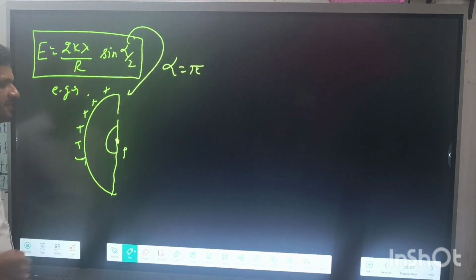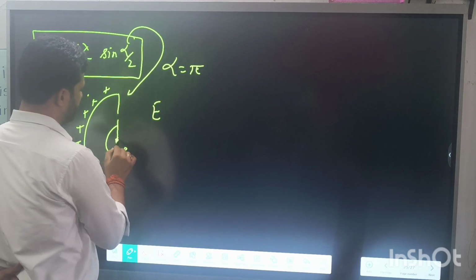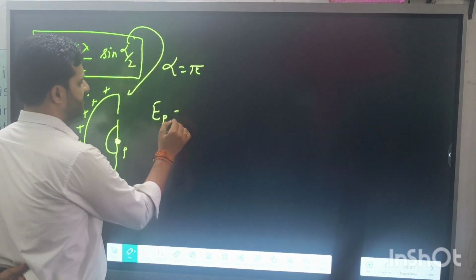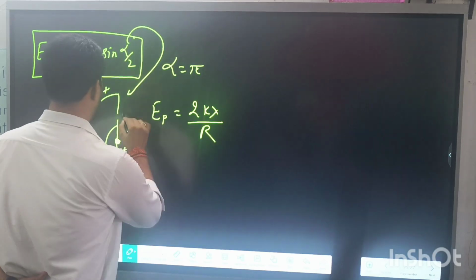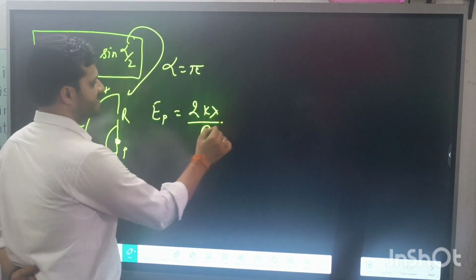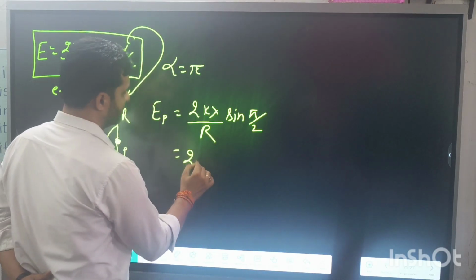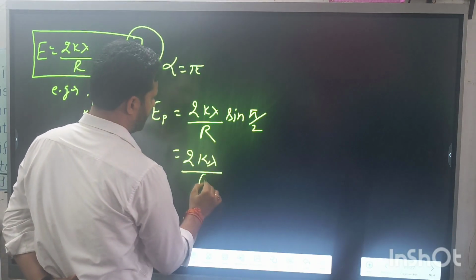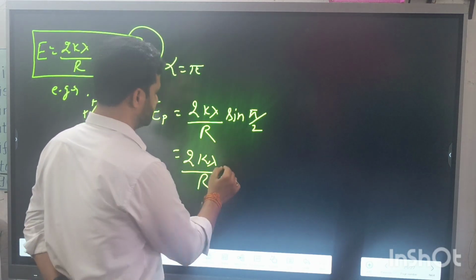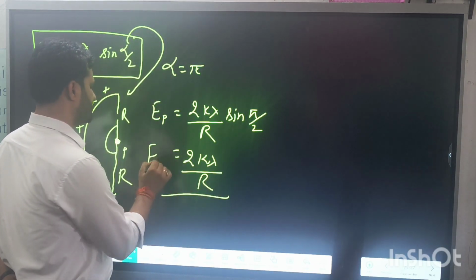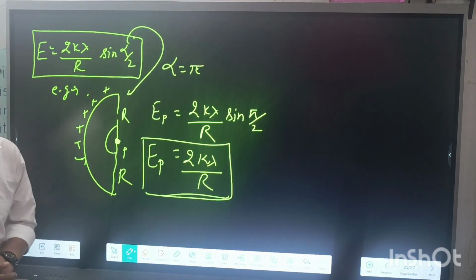Substituting the value of pi, the electric field intensity at point P is equal to 2k lambda upon r, where r is the radius, times sin pi by 2, which is sin 90, and that value is 1. This will be your answer for the electric field intensity due to a semicircular arc.